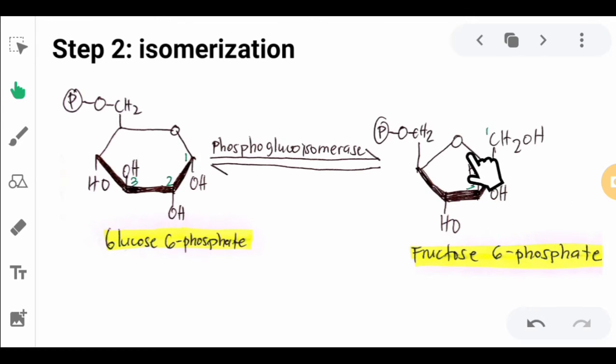From here, the ring will be compressed, so you will have your oxygen at the top and an ethylene glycol group here. This will be your 1, 2, 3, 4, 5, and then the 6th here. So this is now fructose 6-phosphate, because your phosphate is still at carbon 6, and since you arranged it into a 5-member ring system, that is fructose 6-phosphate.